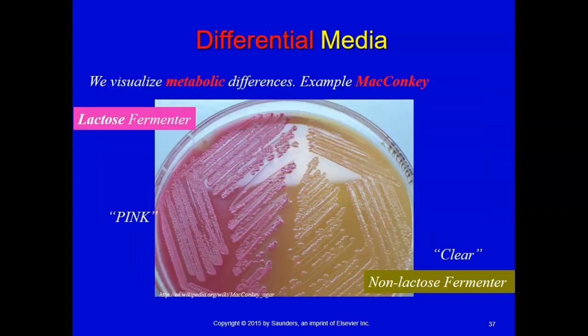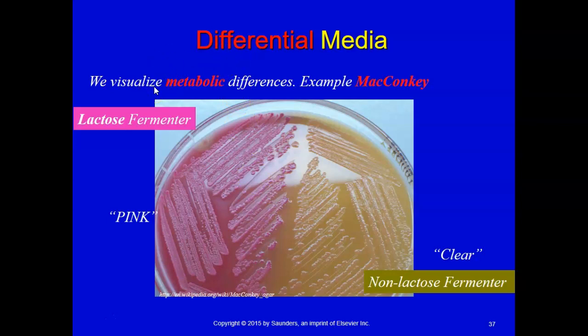The next type of media is differential media, and this contains ingredients that allow us to visualize metabolic differences. Remember, I told you way back in the beginning of chapter 1 that we have to know bacterial structure and physiology. Well, the metabolic process is part of the physiology. So this MacConkey agar, remember, it's also selective, but it can be selective and differential.